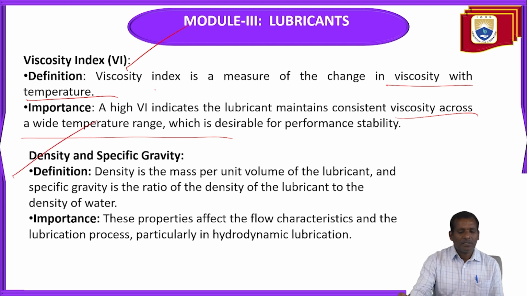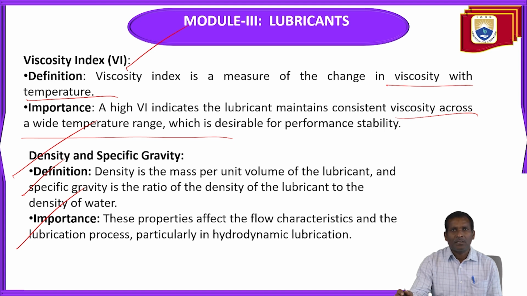And density and specific gravity. The definition: density is the mass per unit volume of the lubricant, and specific gravity is the ratio of the density of the lubricant to the density of water. The importance is that these properties affect the flow characteristics and the lubrication process, particularly in hydrodynamic lubrication.